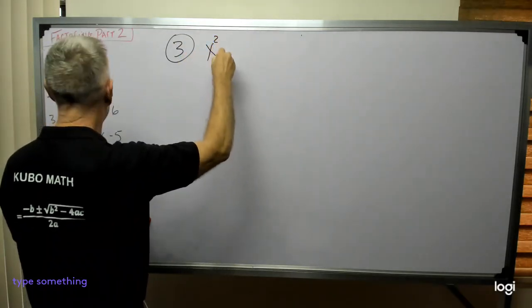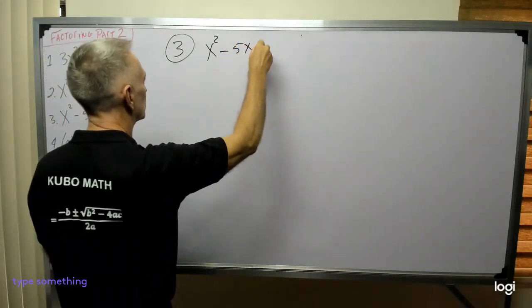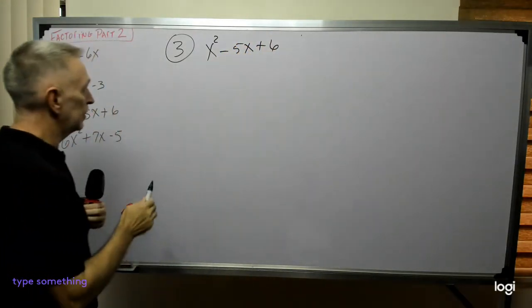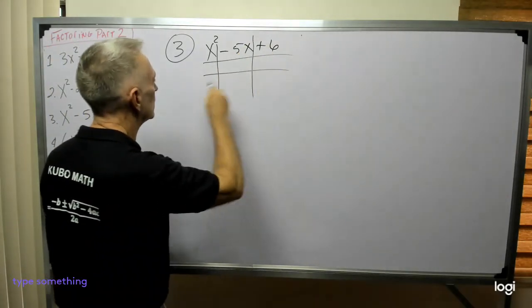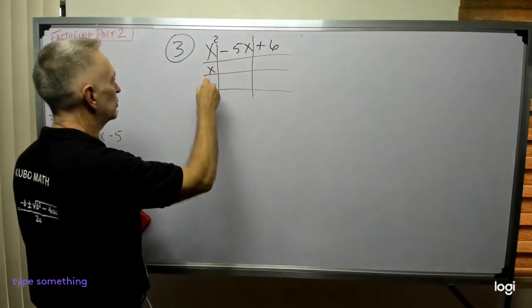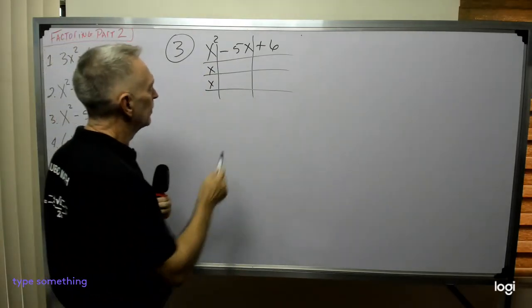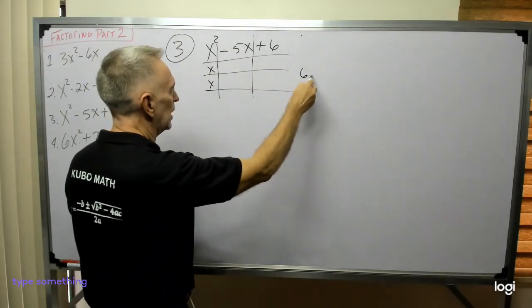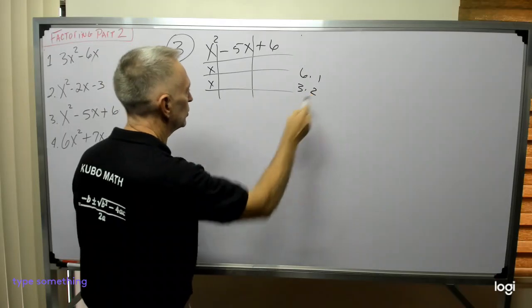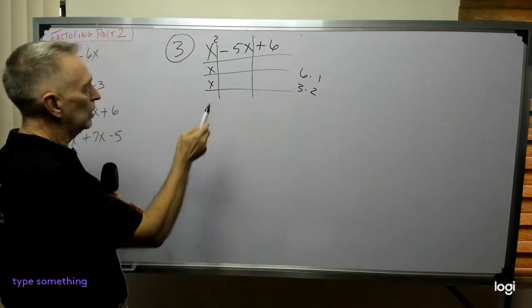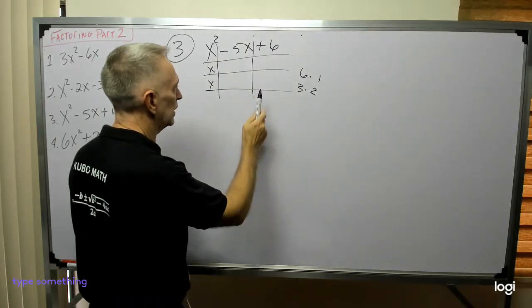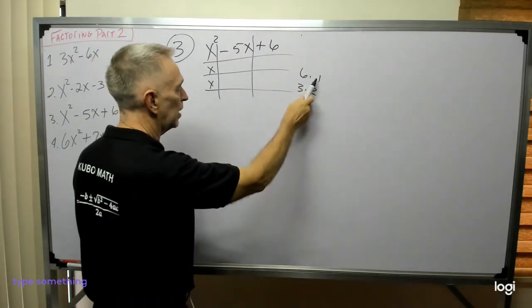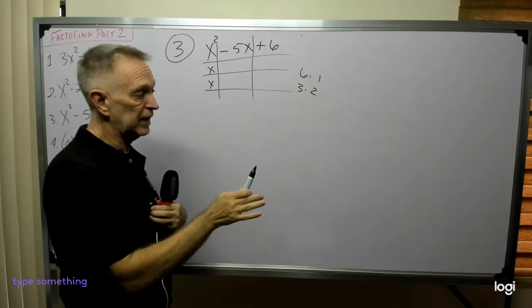All right, let's do number 3 here. X to the second power minus 5x plus 6 is very similar to the problem we just worked. So let's do the grid. X times x is x to the second power. But now I have 6 times 1, 3 times 2. And I know I need to multiply them to get a positive 6, so they can either be both positive or both be negative.